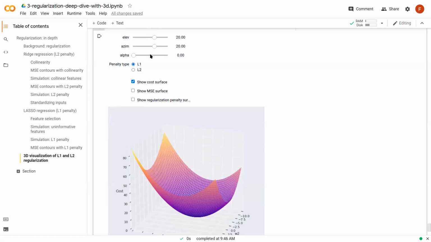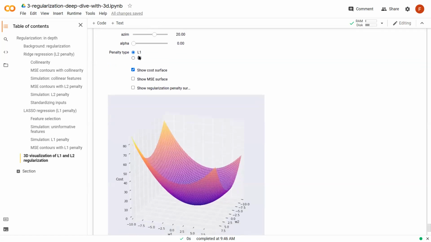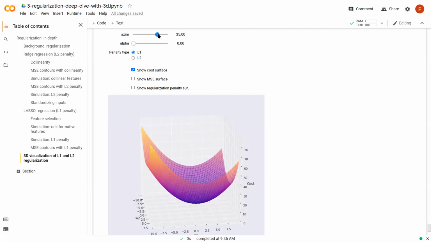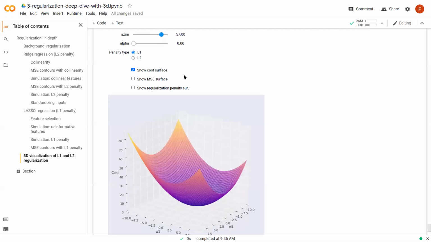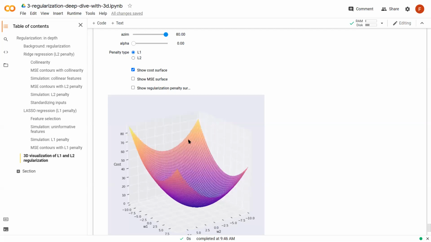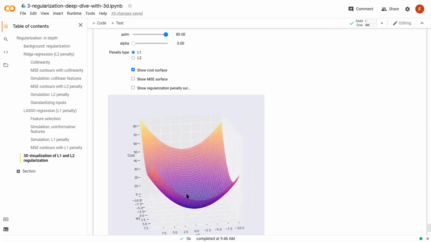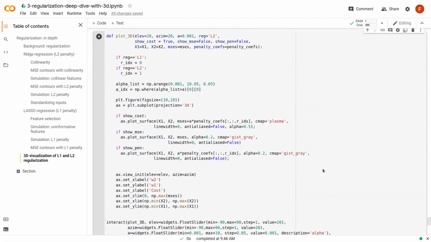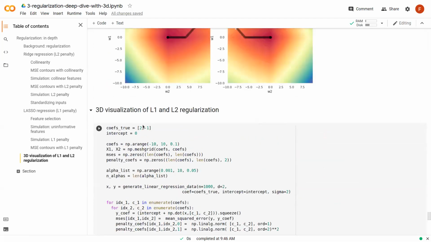Now, currently I have alpha set to 0, which means that I'm essentially looking at an unregularized least squares linear regression. Let's change the view a little bit. We can see that this cost surface has its minimum right around here, which is where I set the true coefficient values.